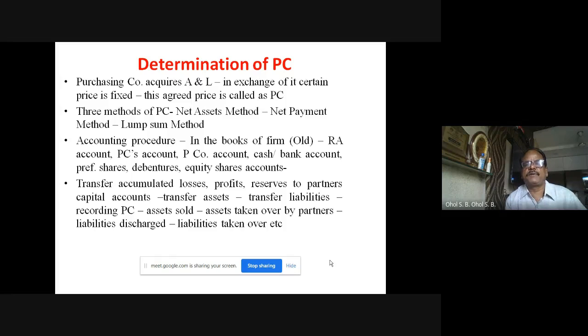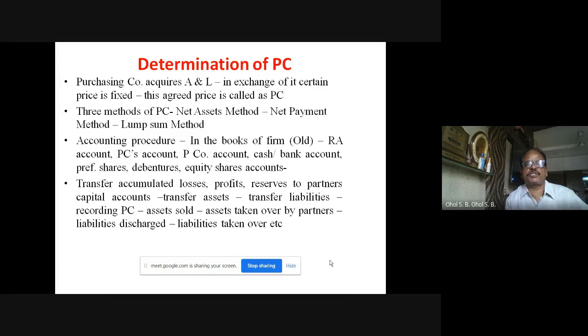That amount of PC is known as lump sum method, and it is the amount paid by the limited company to the partnership firm. So these are the methods of calculation of PC. In the amalgamation, we have already considered it. Again, the same methods are to be repeated here, and the PC is to be calculated.